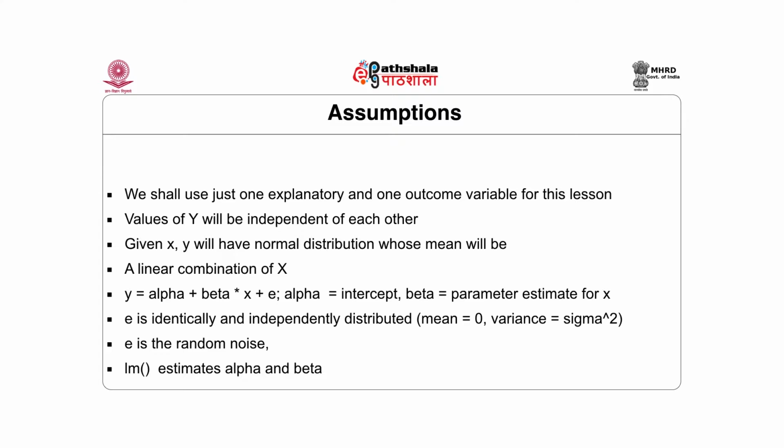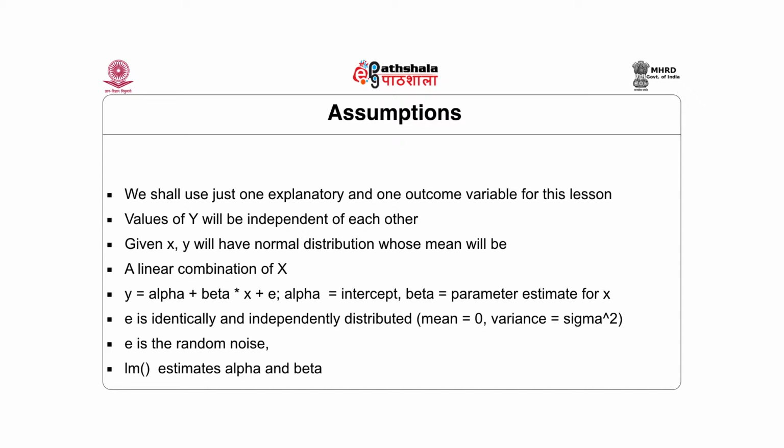Alpha is the intercept, beta is a parameter estimate of the slope along which the x is going to move, and e is referred to as the error term, which is identically and independently distributed, which means that like the y variable, the error terms should not be correlated with each other. If there is a correlation, then there is a problem.